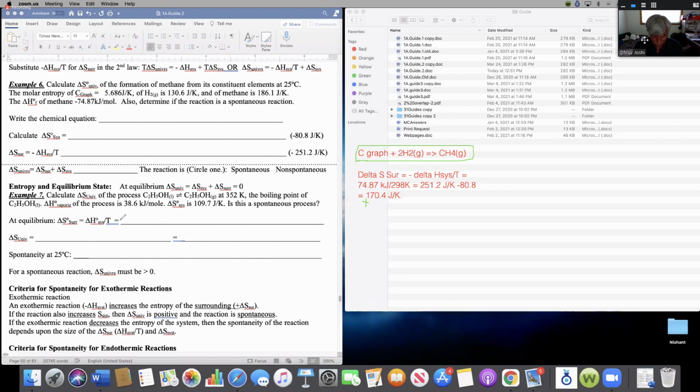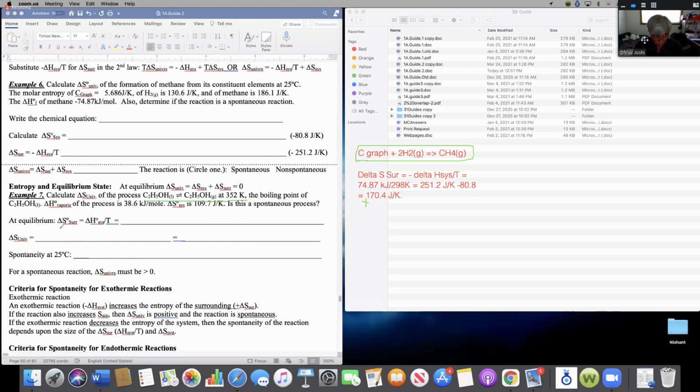Calculate the same thing, same way of doing the process. This is different. This is methane, this is alcohol. Alcohol converting from liquid to gaseous alcohol at 352 Kelvin. So here we have the equation.